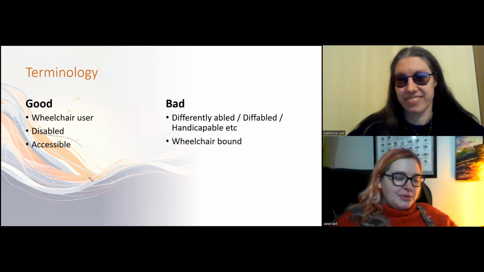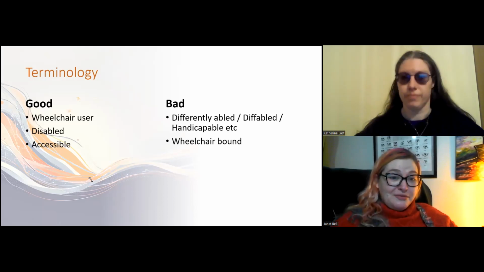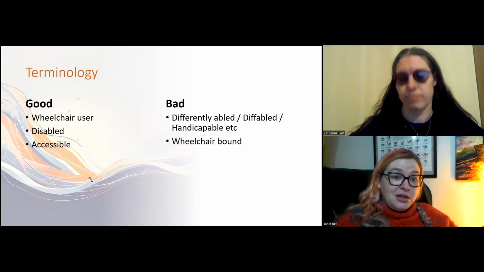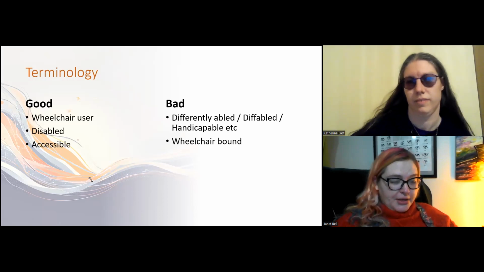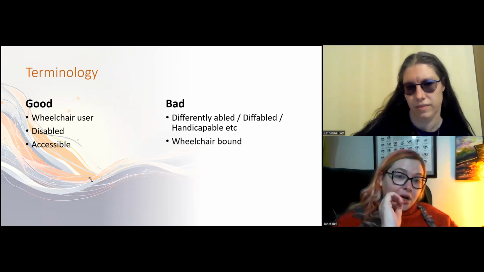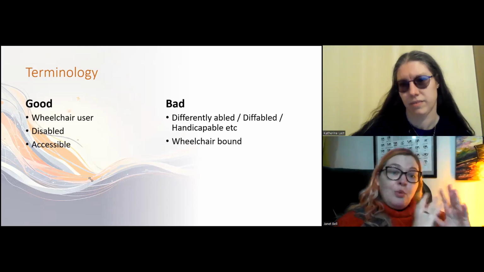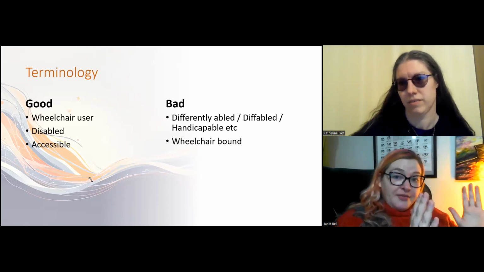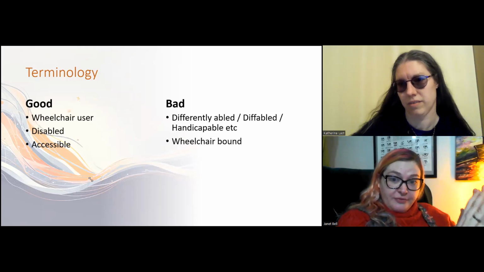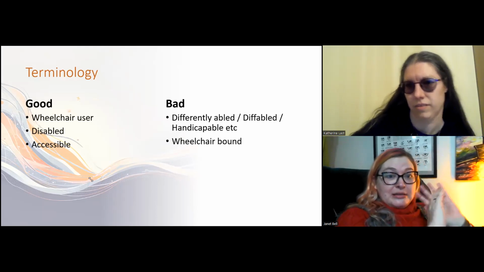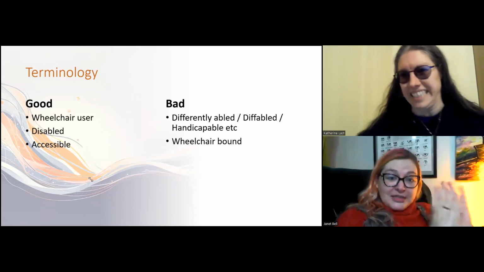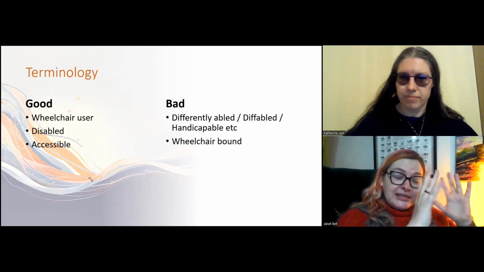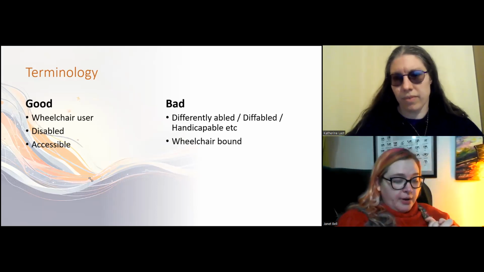Disabled is neither a positive nor a negative term. It's an entirely neutral word, and we shouldn't be afraid to use it. Though some disabled people will have a word for themselves that they like. If they are fine with differently abled or one of the other ones, that's fine. Use that for them, but use disabled people as the general term for everybody.